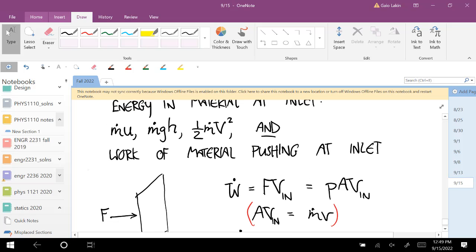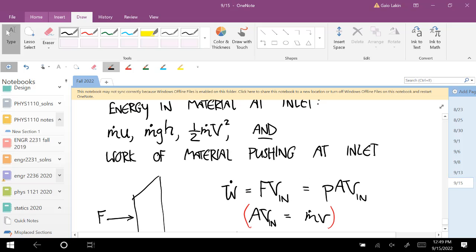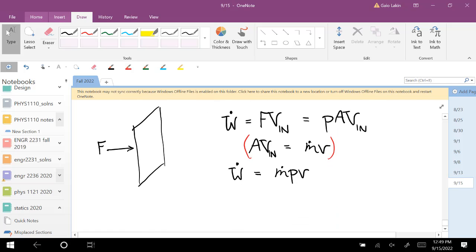Okay, so now the rate of energy coming in at the inlet is the mass rate times the specific internal energy plus the mass rate times gh plus 1/2 times the mass rate times the speed squared plus the mass rate times PV.